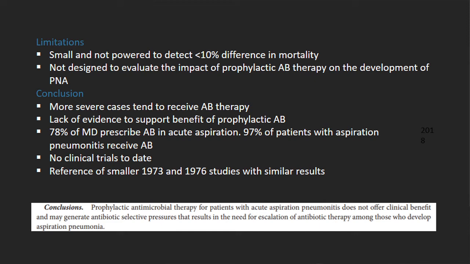They also referenced a study saying that 78% of MDs were prescribing antibiotics, even with the lack of supportive data. There are no clinical trials at all on this subject. So it's pretty limited data, small reviews and things like that, and also based on presumed risk after the lung injury.